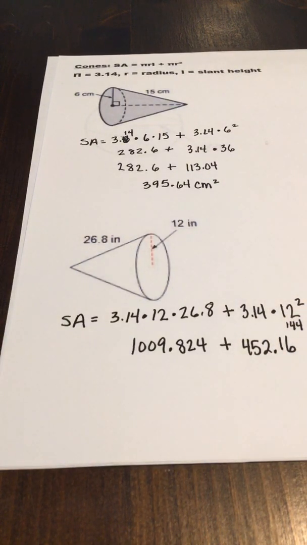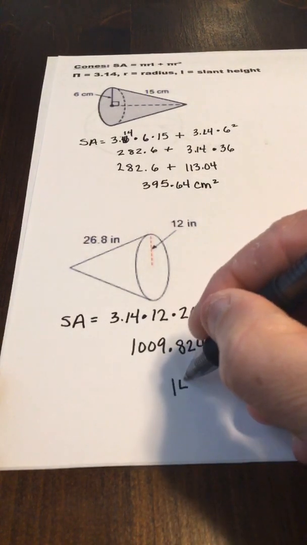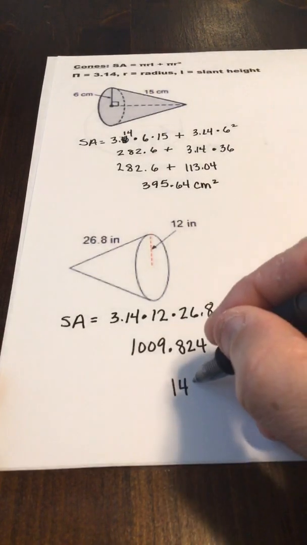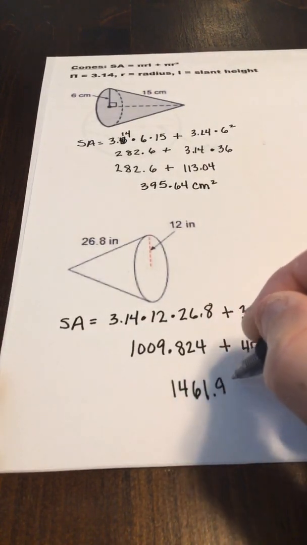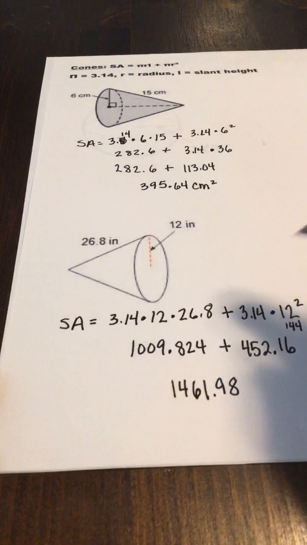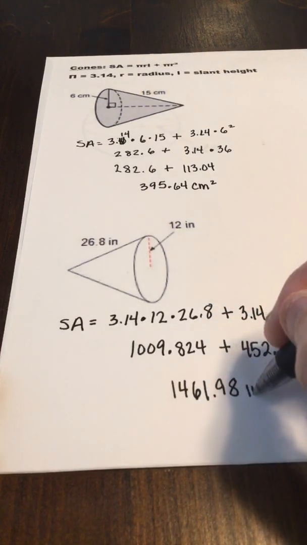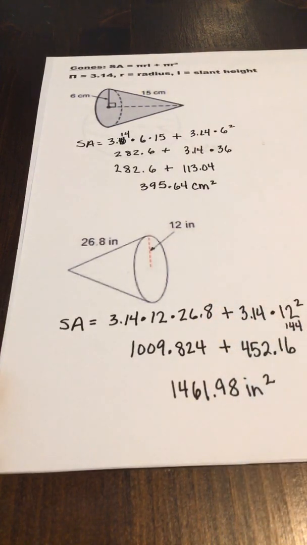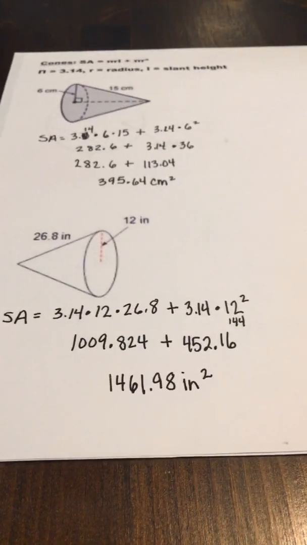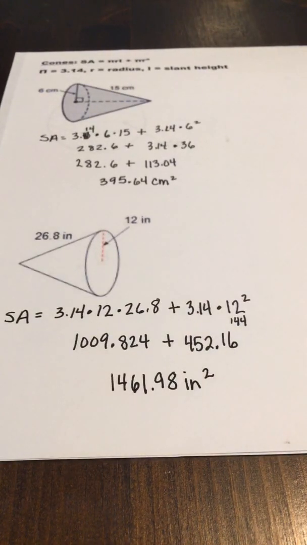Add those two things together, and your grand total is 1,461.98. And since it is inches, I'm going to go inches squared. And that is how you find the surface area of a cone.